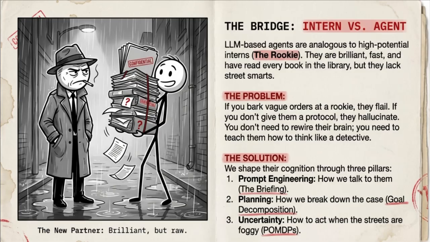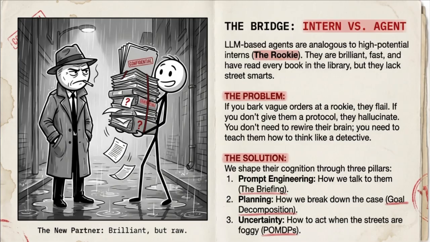Let's start with the fundamental analogy to help bridge the gap between a standard large language model and a true agent. We often think of these models as high potential interns or the rookie on a detective force. They are undeniably brilliant and incredibly fast, and they have essentially read every book in the world library. However, they often lack what we call street smarts.